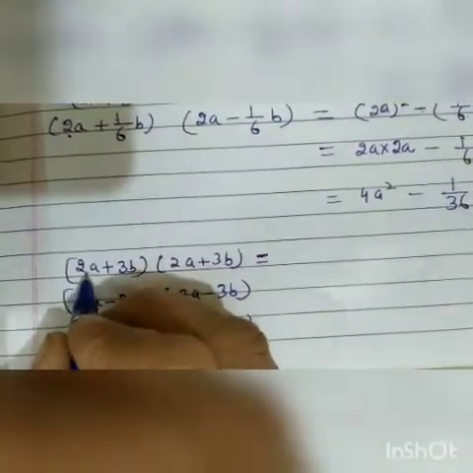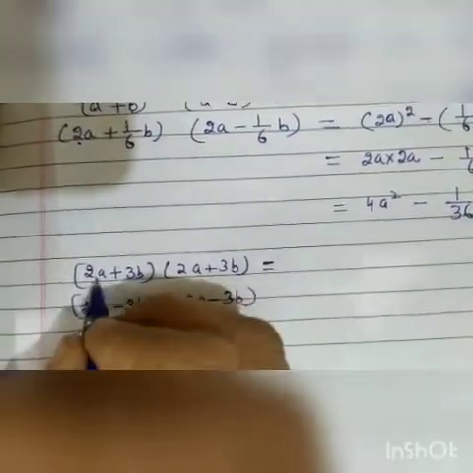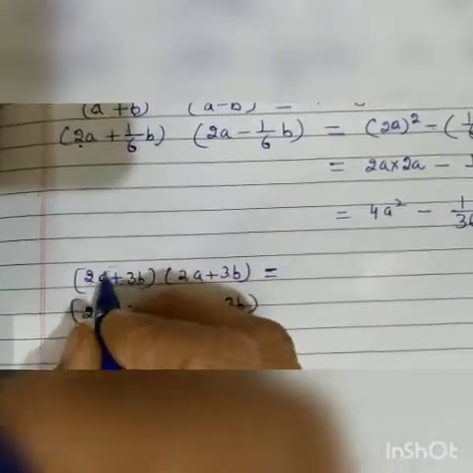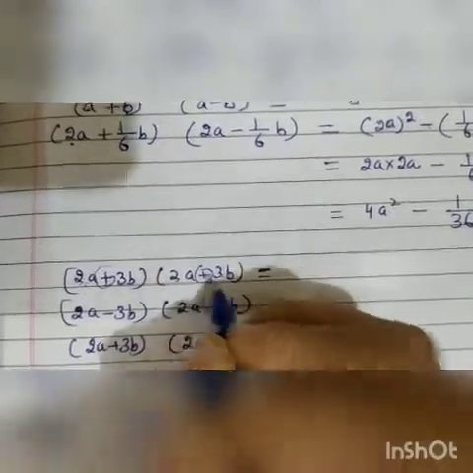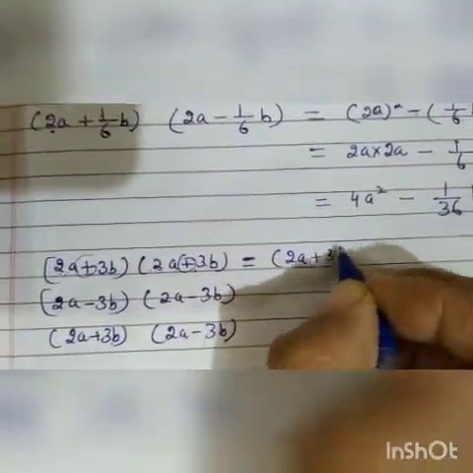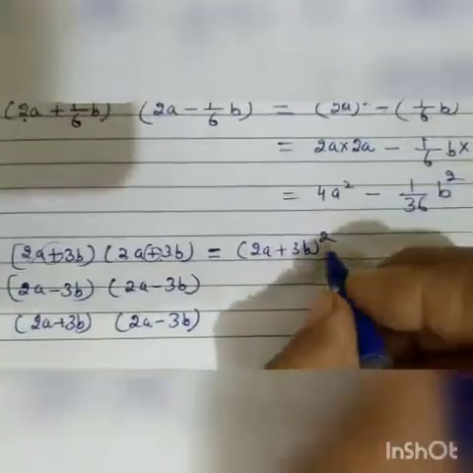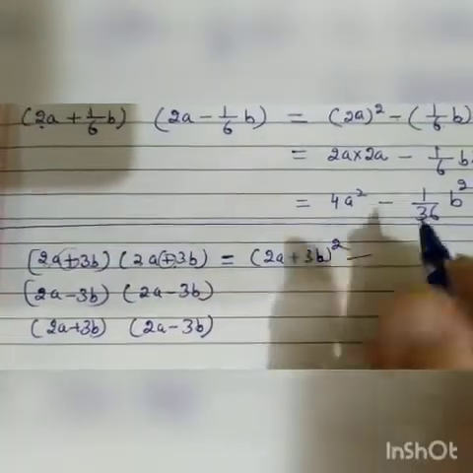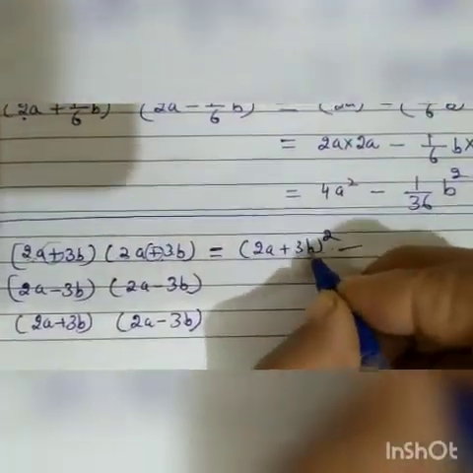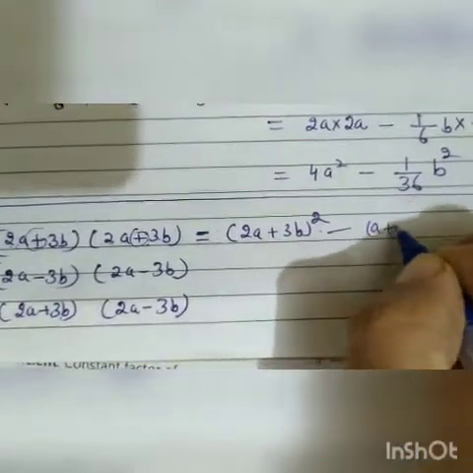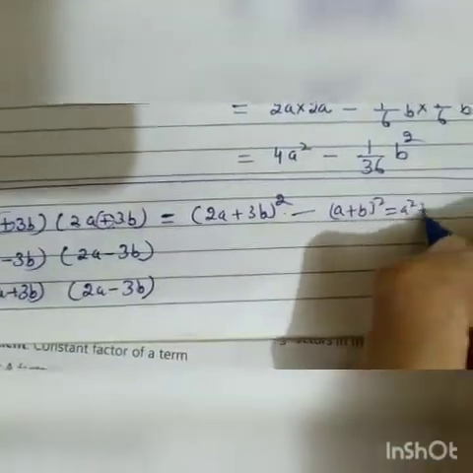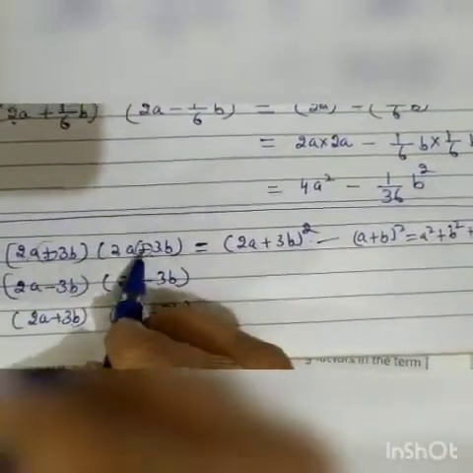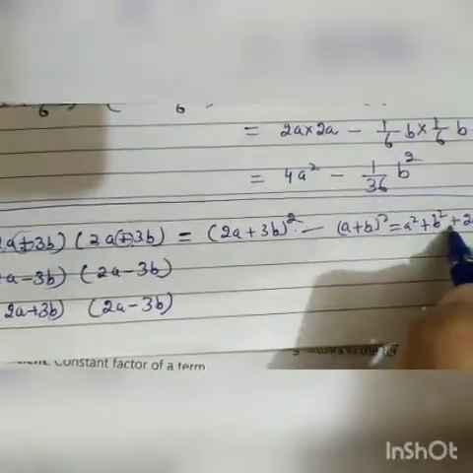So students, see here (2a plus 3b)(2a plus 3b). Both the terms are same, and in both the brackets it is the plus sign. It means (2a plus 3b) whole square, and here we will use the first identity, that is (a plus b) whole square is equal to a square plus b square plus 2ab. If both the signs are plus, then we will use the first identity.